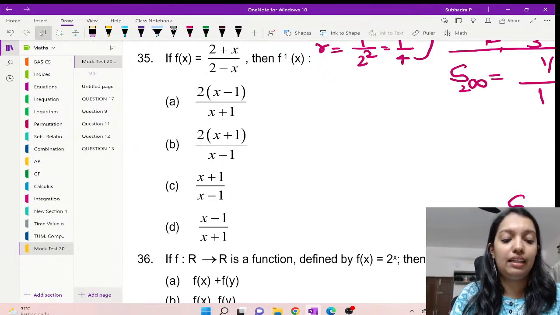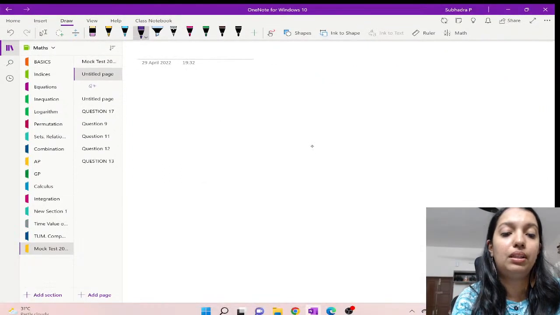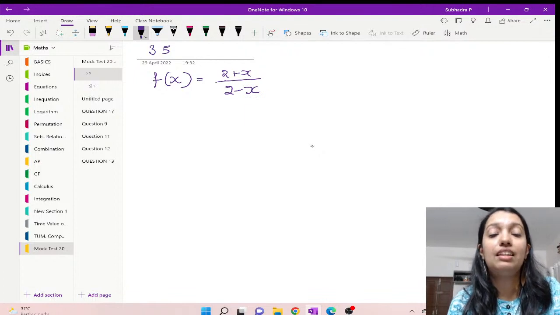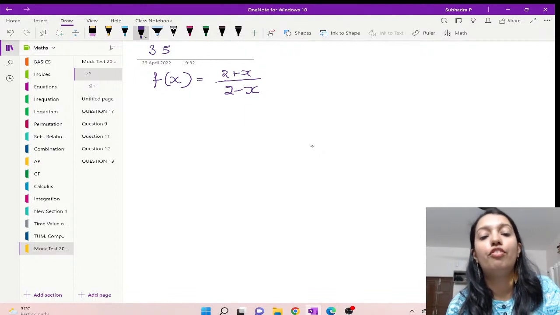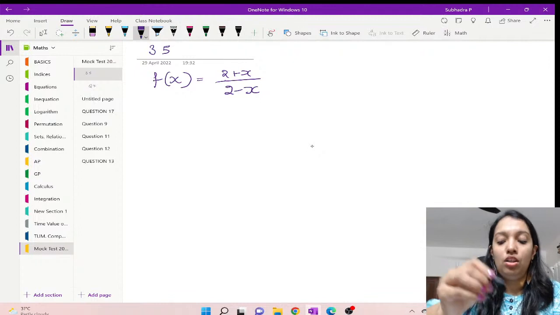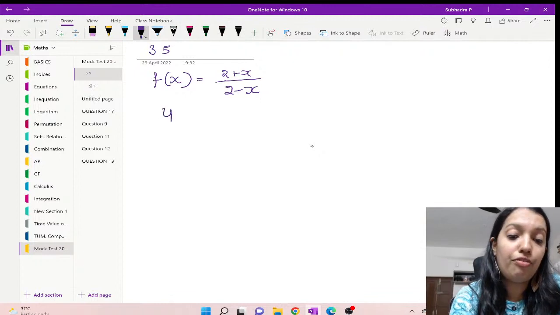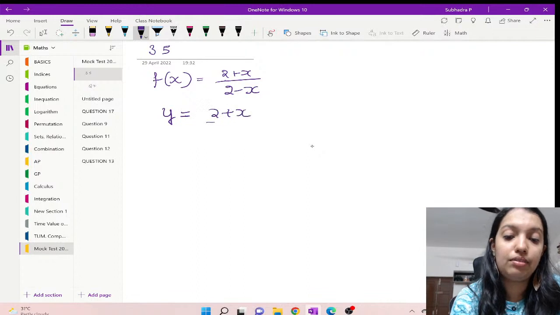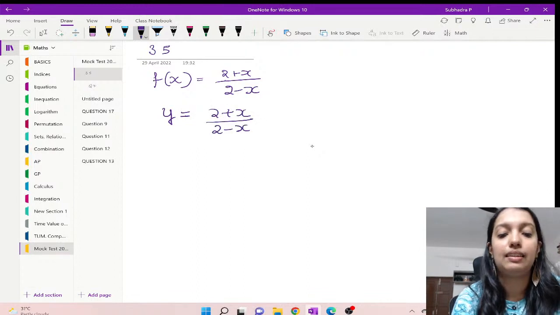So I am writing the question here. Question number 35. What have they given? f of x is equal to 2 plus x divided by 2 minus x. Instead of x, if I take y, here also instead of x I can take y, correct? So f of x has to be assumed as y, equal to 2 plus x divided by 2 minus x.